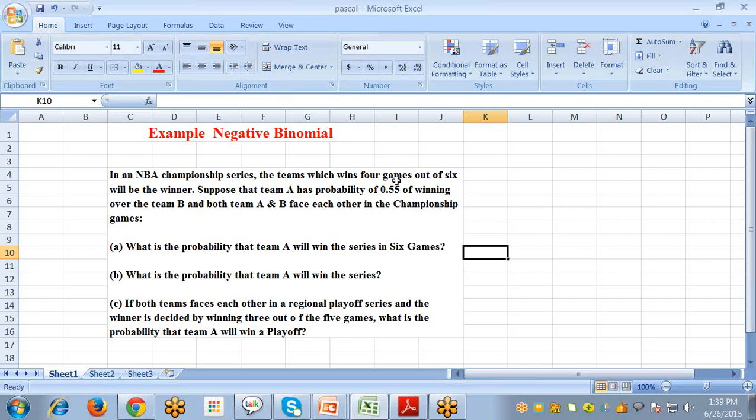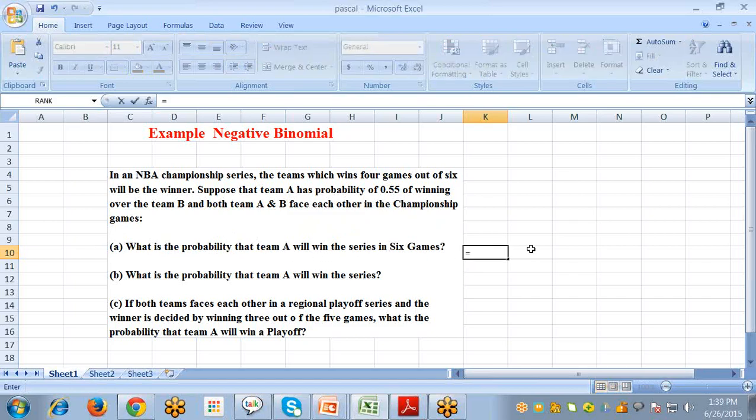That means the success value will be 4. Suppose that team A has a probability of 0.55 of winning over team B, and both teams face each other in the championship games. So we have the first question: what is the probability that team A will win the series in 6 games?